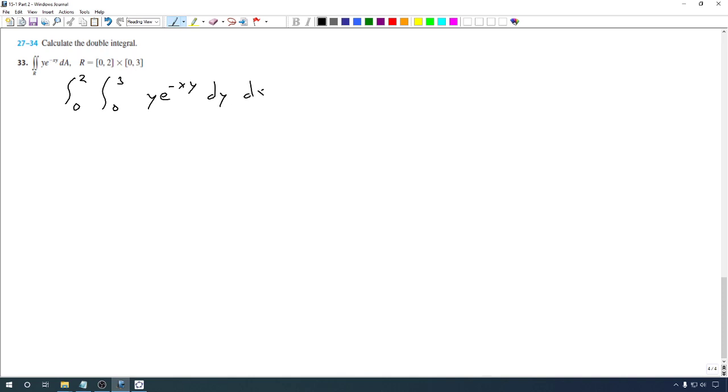And then we have our x variable corresponding to the 0, 2. So that's one way of doing it. The other way would be to do these in the opposite order. So from 0 to 3 and then 0 to 2, the same function in there, but this time it's dx dy. These are both two ways of actually computing this double integral.